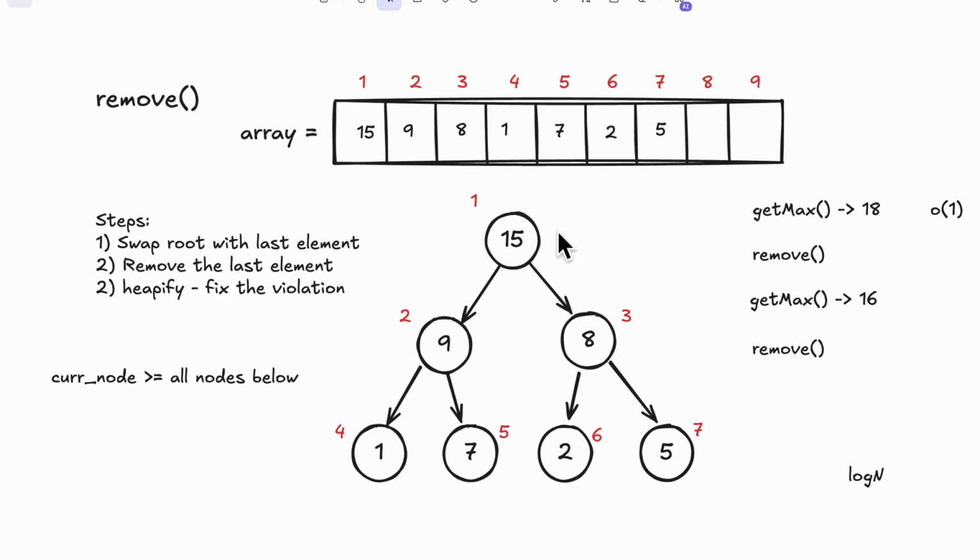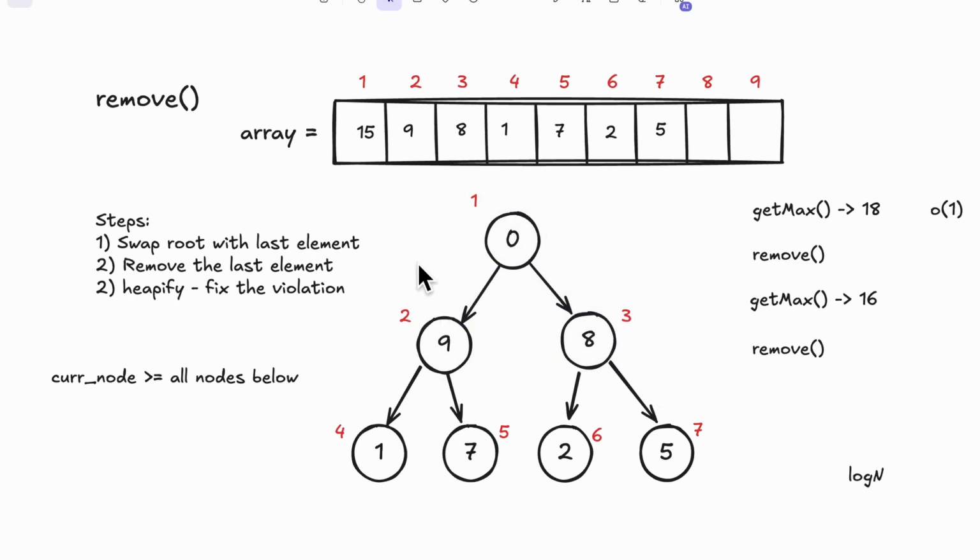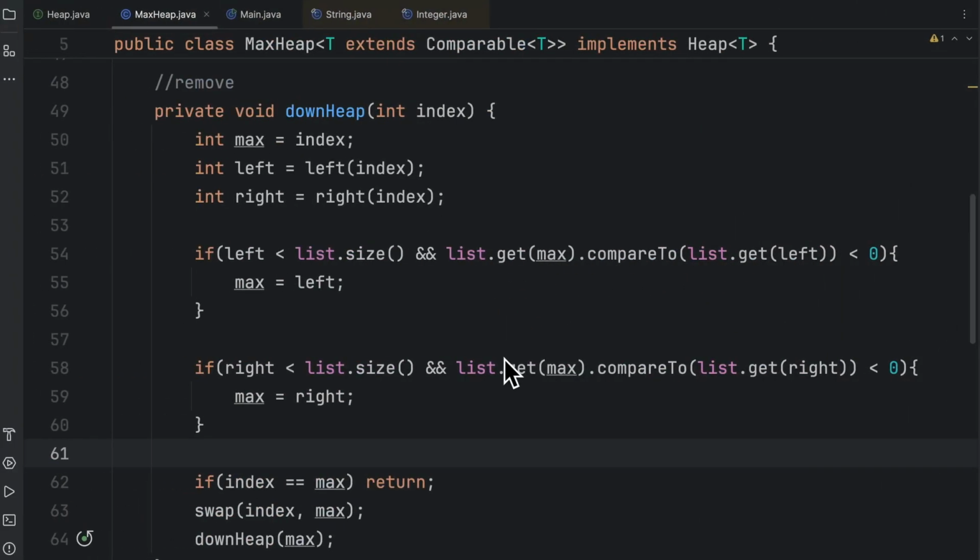No, right? But let's say this was 0. So what is the maximum value over here? 9. And what is the index of this 9? 2. And is 1 equal to 2? No. Hence we will swap. I hope you understood now.